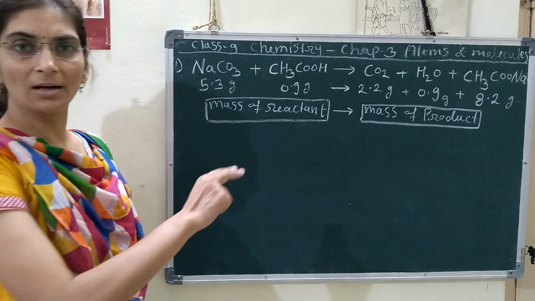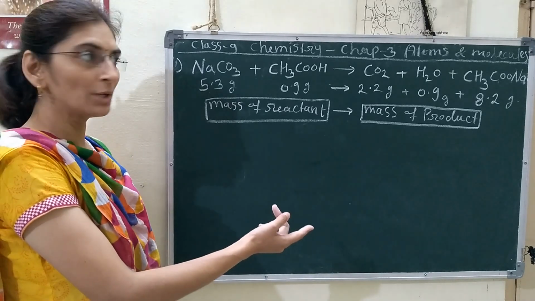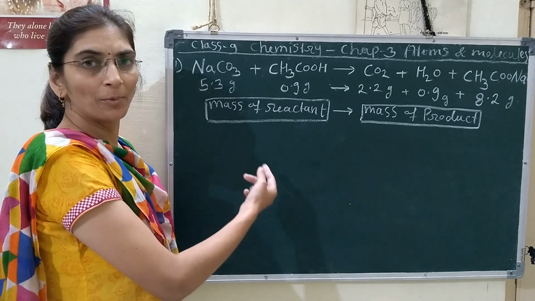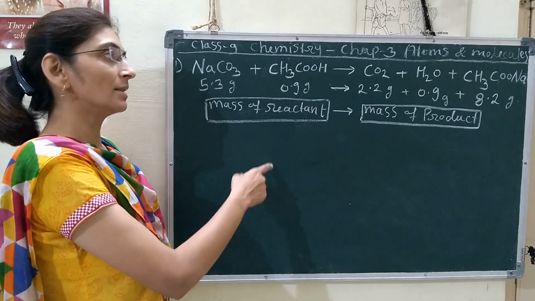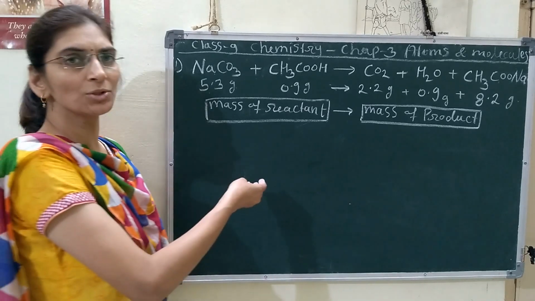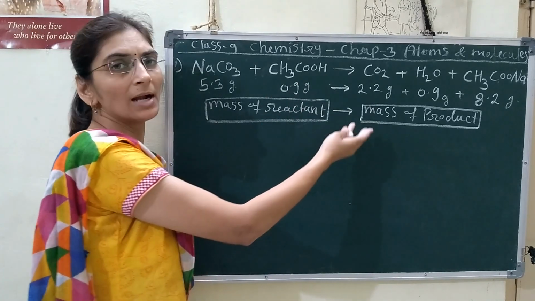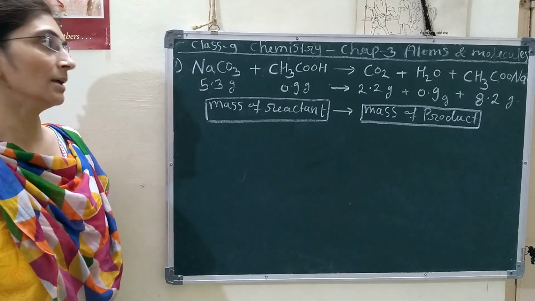If atoms combine to form any compound or molecule, then the proportion of those atoms is constant everywhere. That is the second law of chemical combination. And depending on these two laws, experimentally Dalton derived his atomic theory.